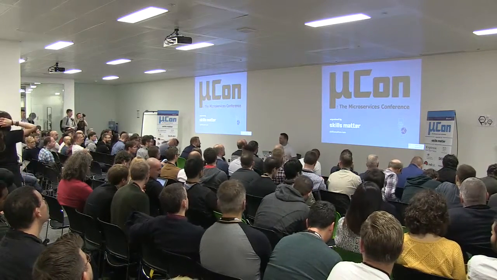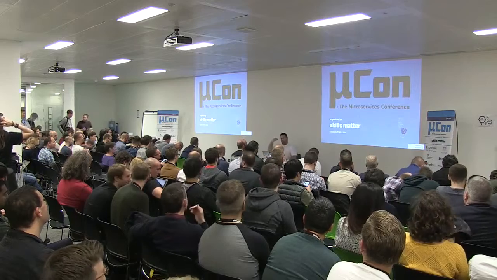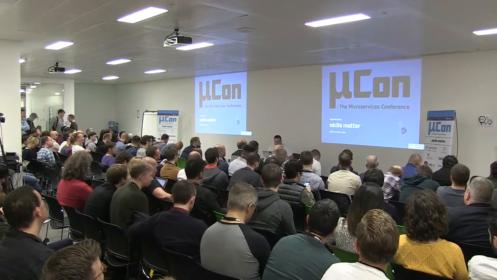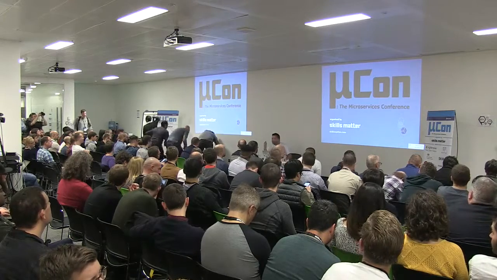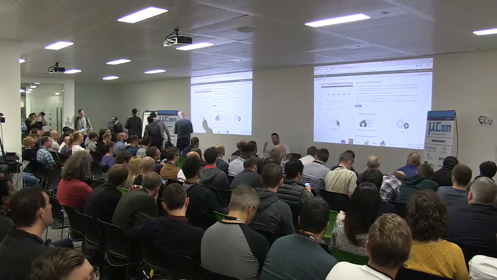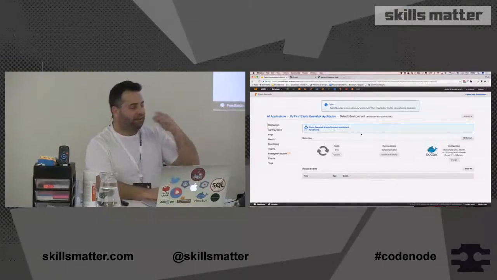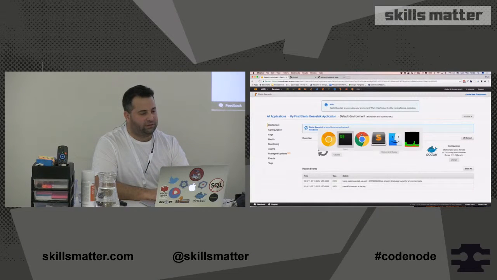I'm trying. Come on. So, okay, I will describe what I will show you. Basically, we're going to create a new environment in Elastic Beanstalk. The way environments are created, there is a high level of application, and from application, I create environments.